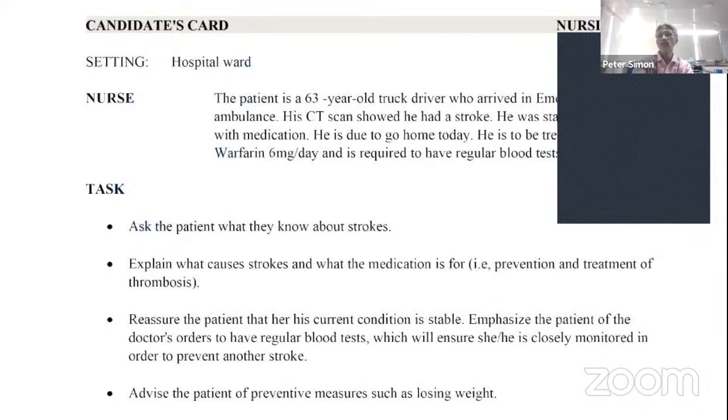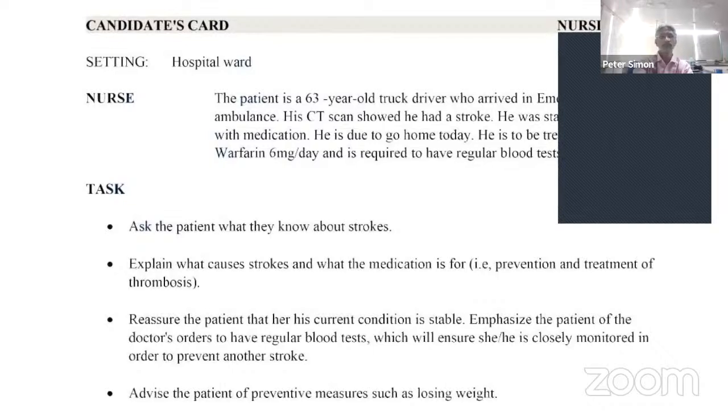In task 2, you are providing relevant information about 2 different things here.